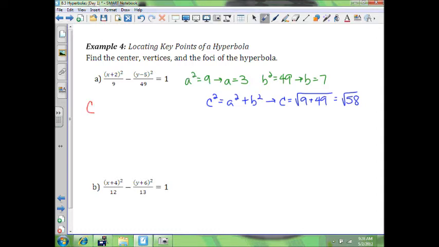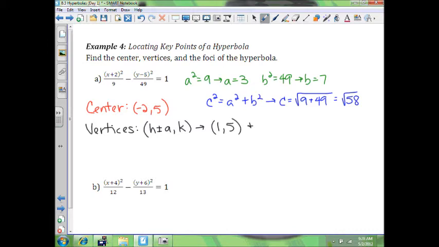We should be able to pick out our center by now. Our center, the x value, take the opposite of x, the opposite of y. There's our center. Our vertices, because x squared is over a squared, will be h plus or minus a, so -2 plus 3 is 1, 5, and then -2 minus 3.